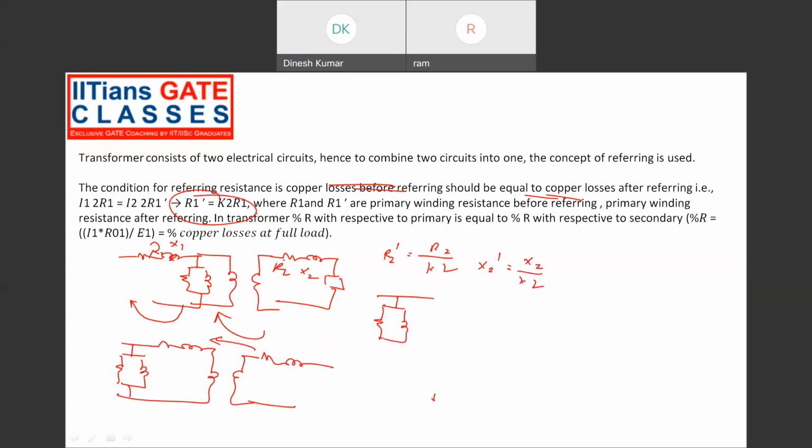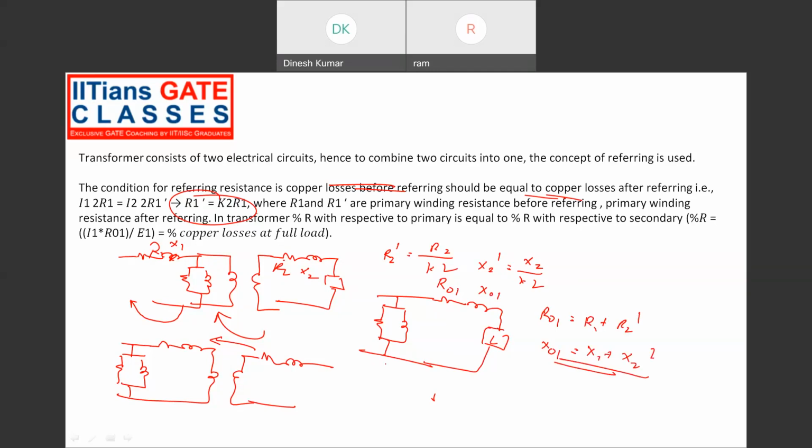We have R naught, X naught, and then the resistance and reactance. This is the load. This resistance is R01 and this reactance is X01. R01 is the summation of R1 plus R2 dash. Similarly, X01 is the summation of X1 plus X2 dash.